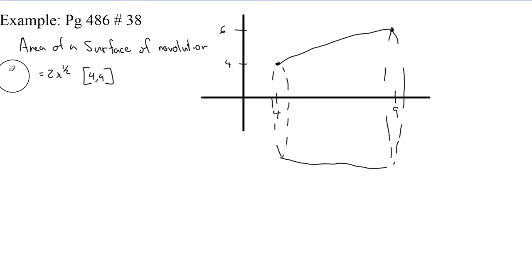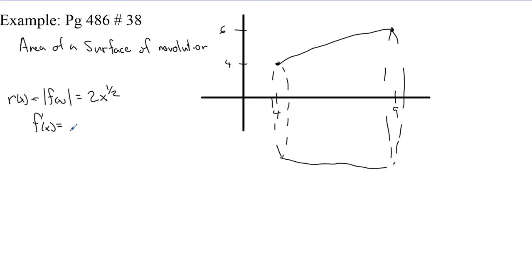And let's rewrite this one more time, because my r of x is equal to the absolute value of f of x, which in this case is 2x to the half. And then f prime of x, half times 2 is 1, so I get x to the negative 1/2 power. That is my f prime of x.